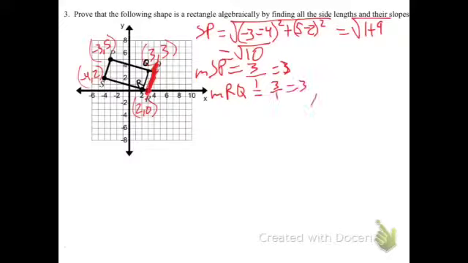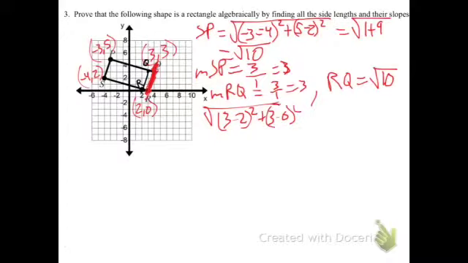And since you have that, RQ, the distance from R to Q, is also the square root of 10. And if you really want to calculate that out, you're really looking at 3 minus 2 squared plus 3 minus 0 squared, which is that guy right there. Okay, so we have RQ and SP being the same distance, and their slopes are the same, so that's pretty convenient.